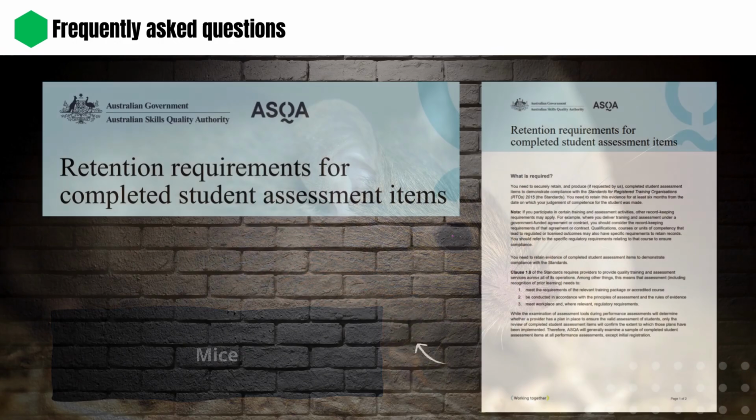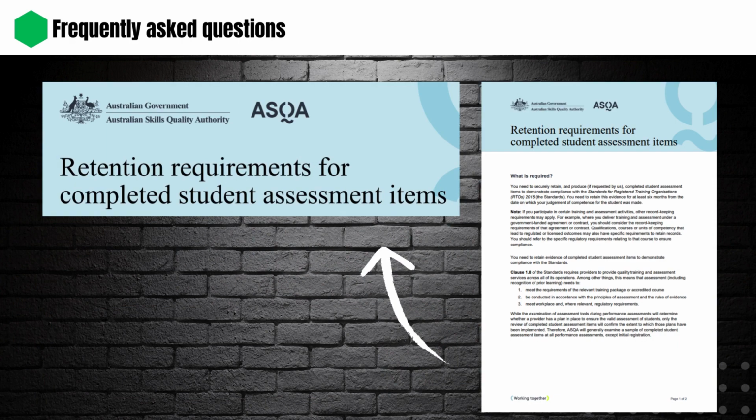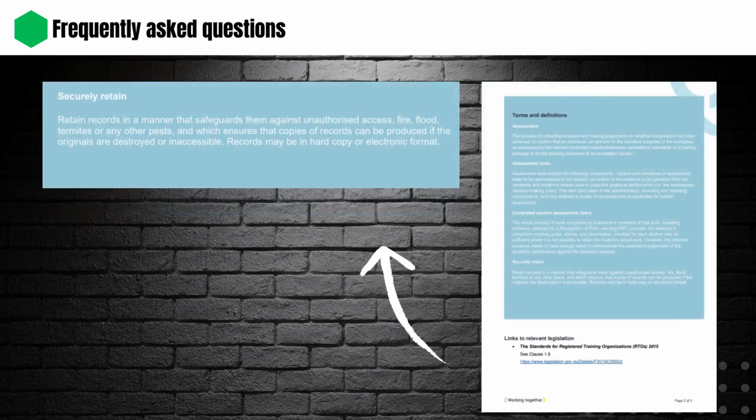In 2022, the regulator issued guidance for RTOs, reminding them that the RTO is required to retain records in a secure manner that safeguards those records against unauthorised access, fire, flood, termites or any other pest, and which ensures that copies of records can be produced if the originals are destroyed or inaccessible.